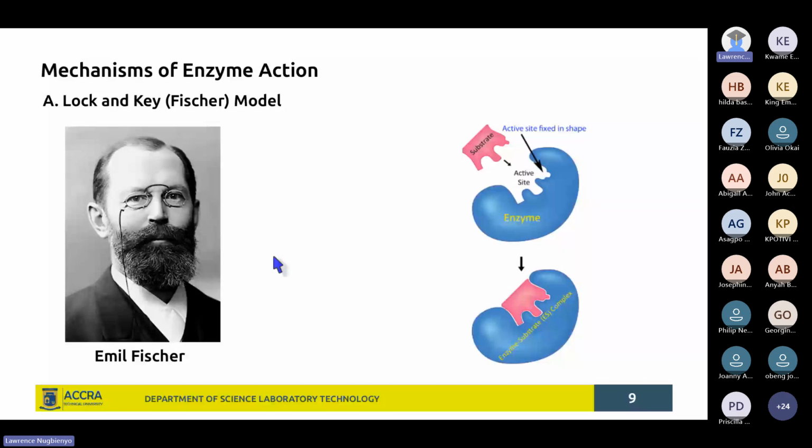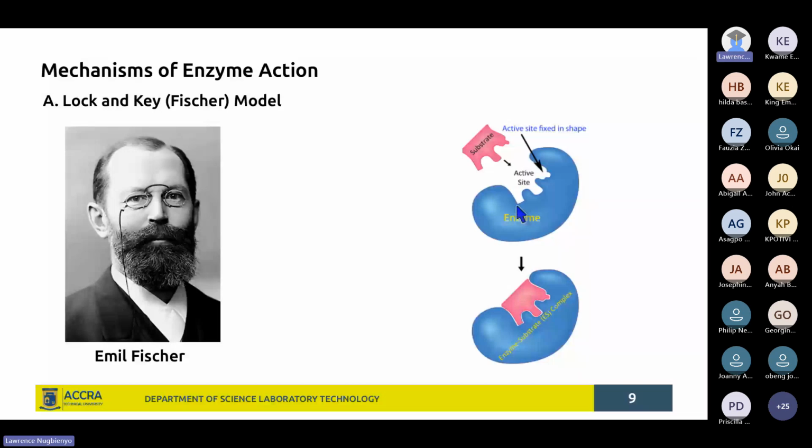And according to him, an enzyme has what is referred to as the active site. We did talk about the active site as the part of the enzyme that interacts with the substrate. And according to Emil, the active site has a configuration that fits exactly to its substrate.